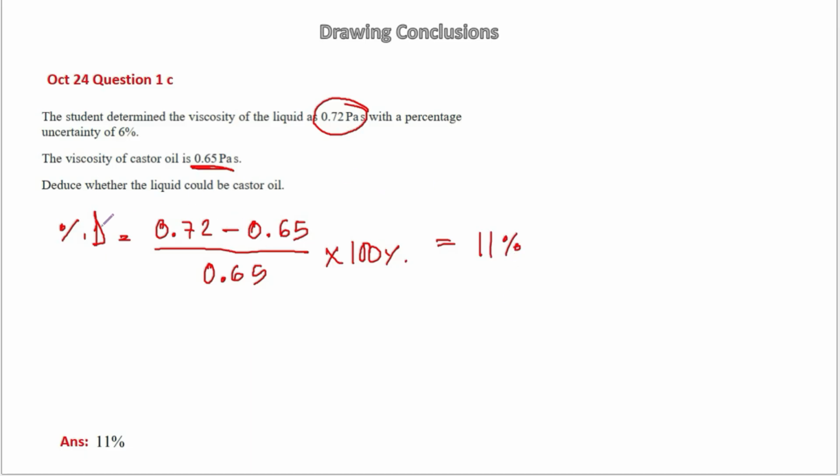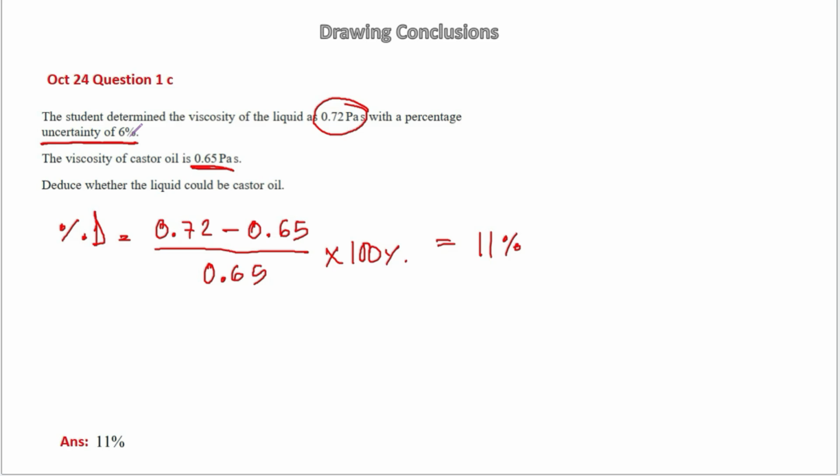Next step is to compare the percentage difference with percentage uncertainty. Always remember, if the percentage difference is smaller than percentage uncertainty, then and only then you can conclude it is acceptable, it is suitable, or in this case, it is made of castor oil.